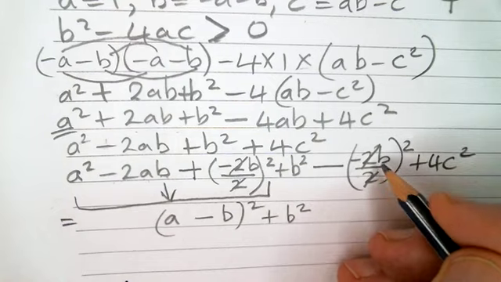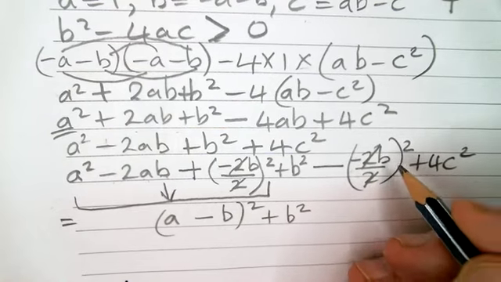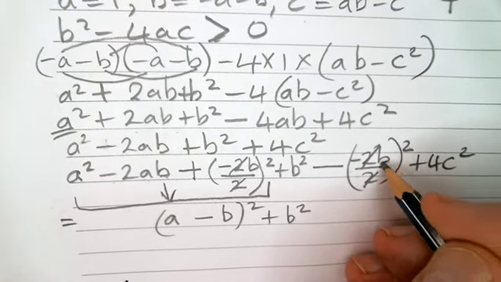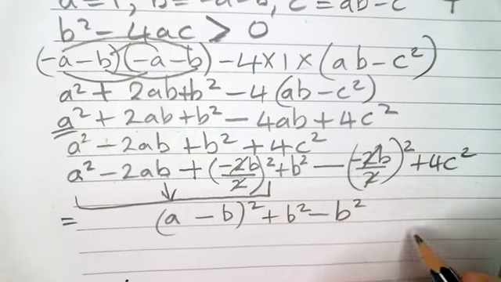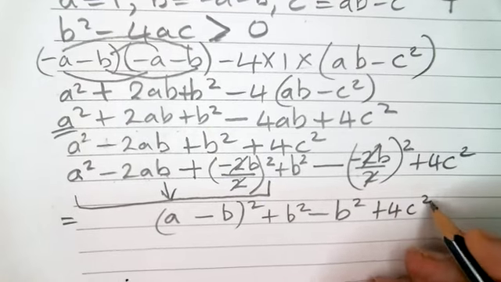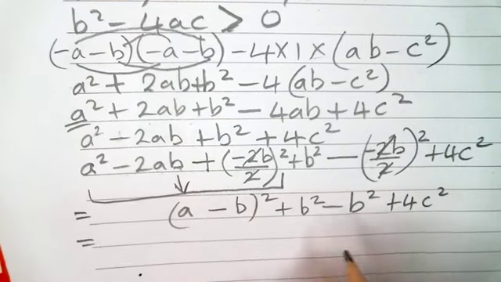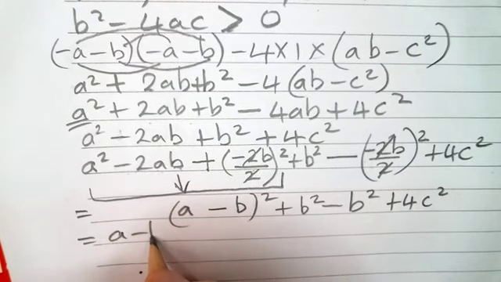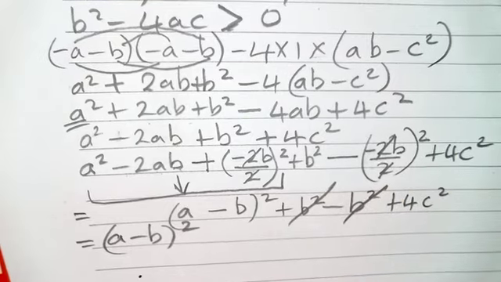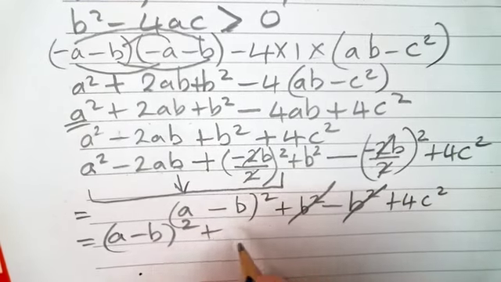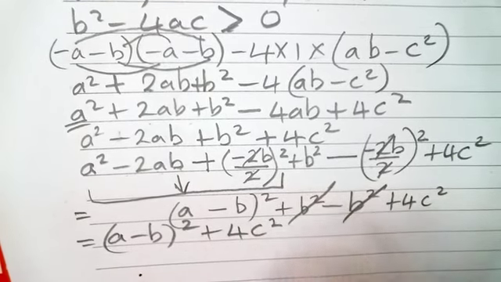Negative 2 divided by negative 2 is minus b all squared. Minus b all squared is minus b squared. So I've got minus b squared plus 4c squared. And of course, that is equal to a minus b all squared. B squared minus b squared is 0, and I end up with plus 4c squared.